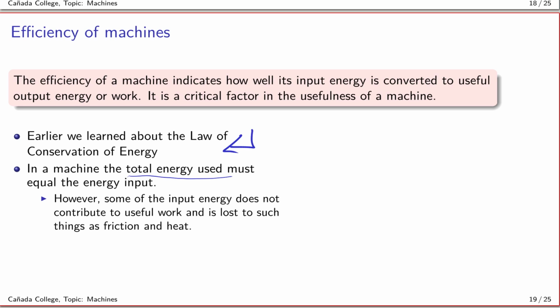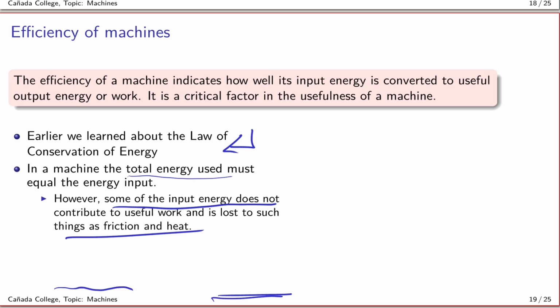Okay, so in the case of a machine, if you put some energy into the machine, the total energy used by the machine is going to be identical to the input energy that you put in, except that, remember, a machine does some useful work, and so some of that input energy appears as useful work, while some part of it contributes to things such as friction and heat, which are not very useful in this case.